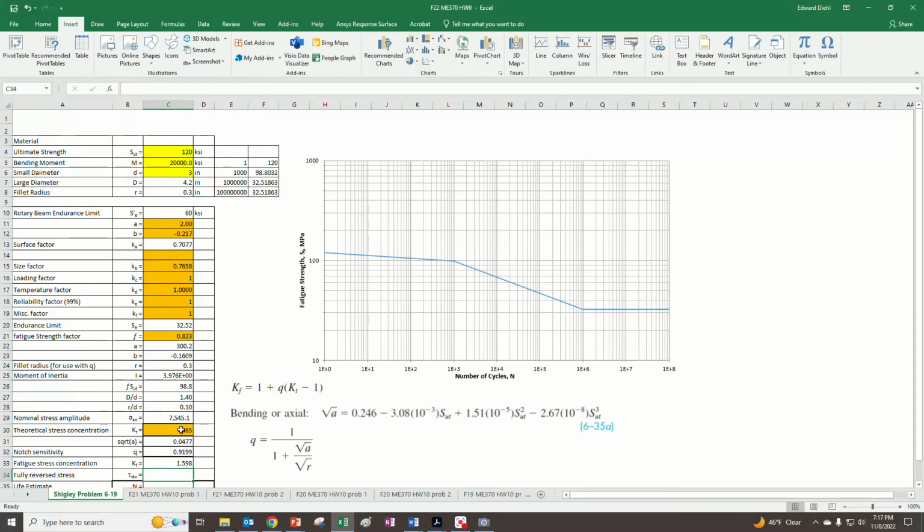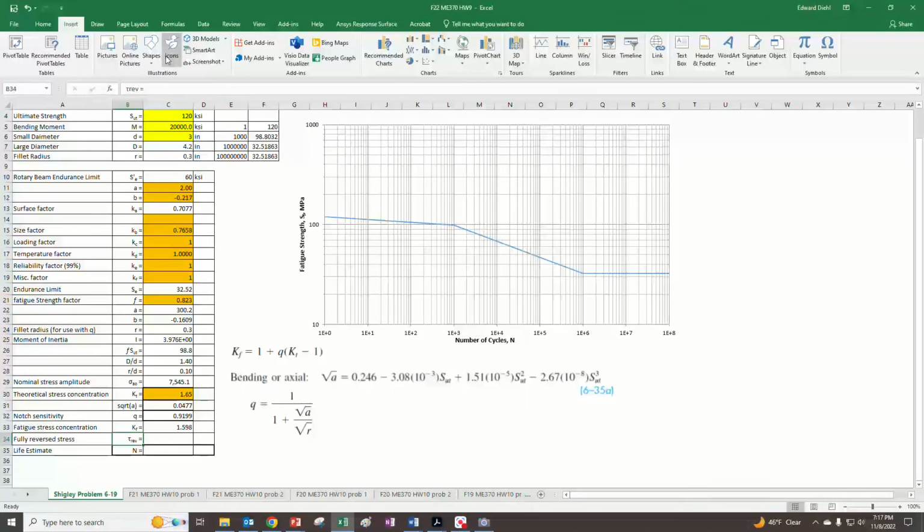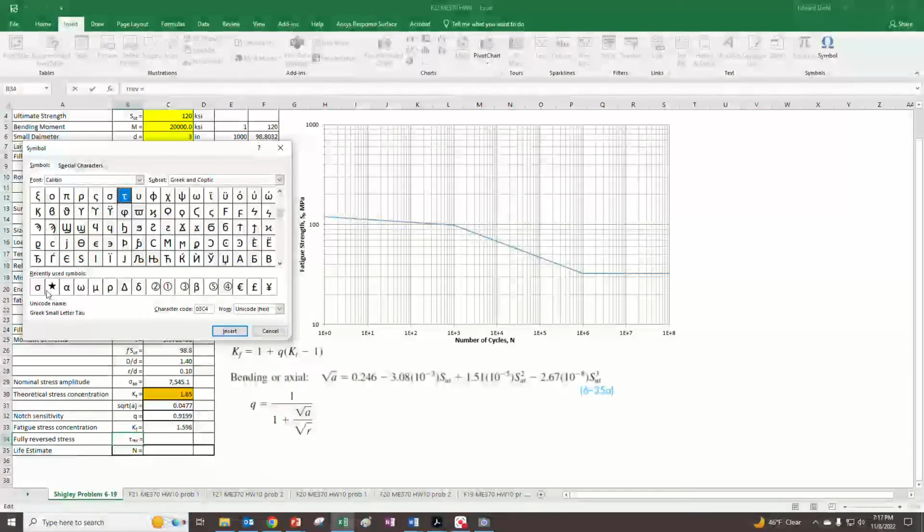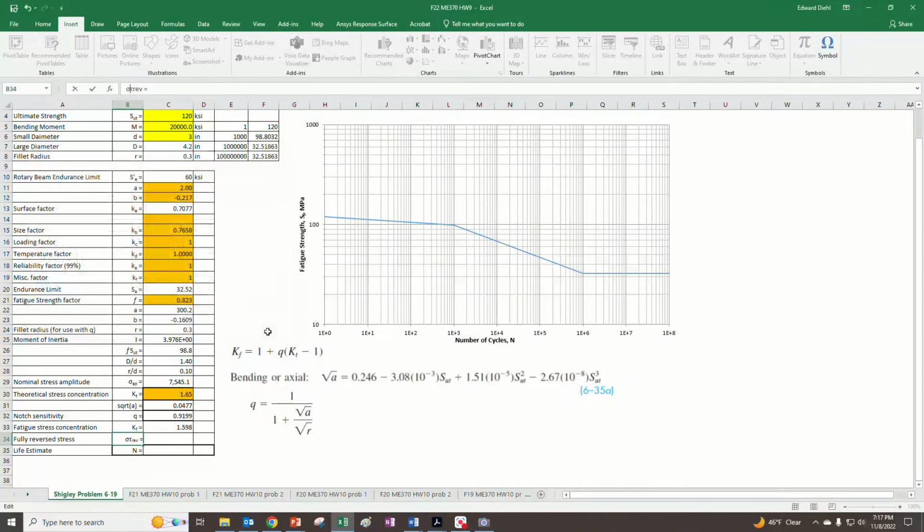Boom. 1.598. That's in the range of what I expected. I might need to look at that a little bit more closely. This one I'm going to change into sigma. It was tau, right? And so I'm going to take this equal to that times the nominal.